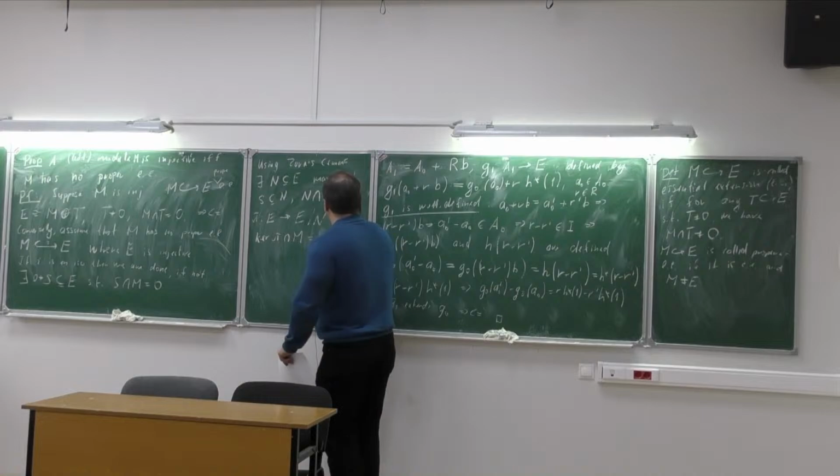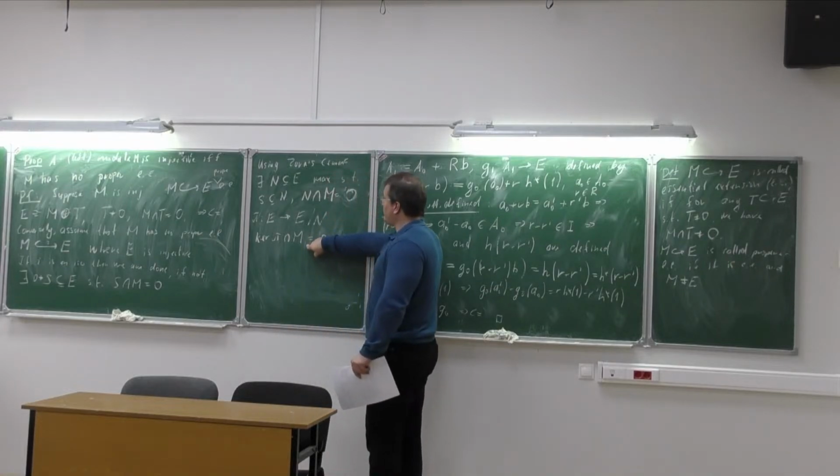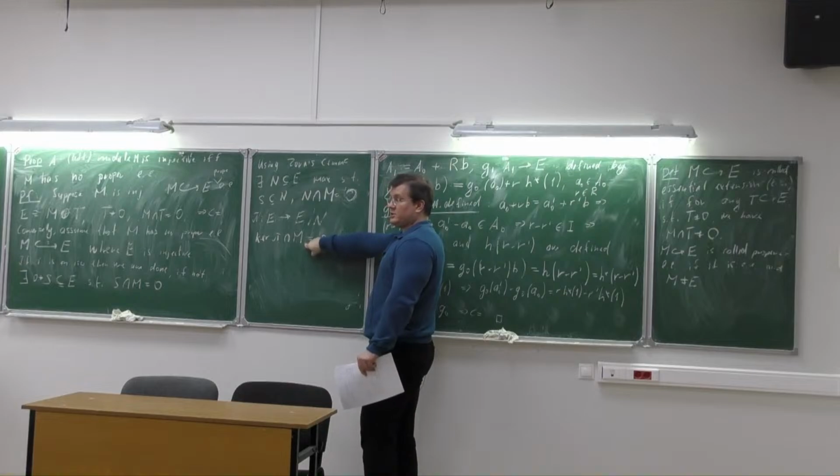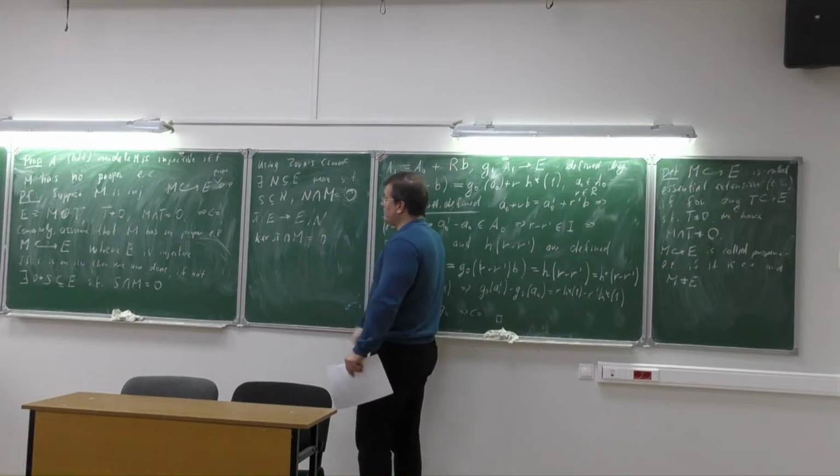Well, the kernel of the projection pi is precisely N, but N intersect with M is 0. So this is just a rewriting of the previous formula.